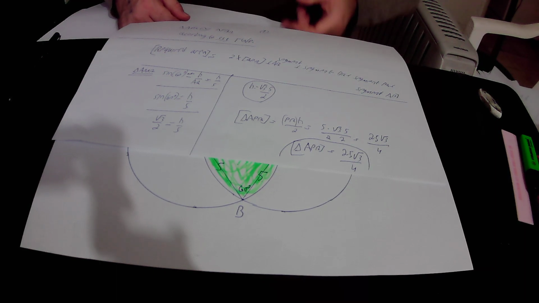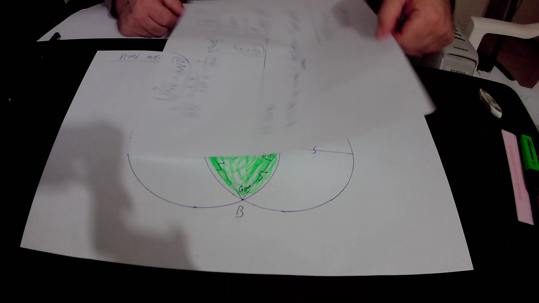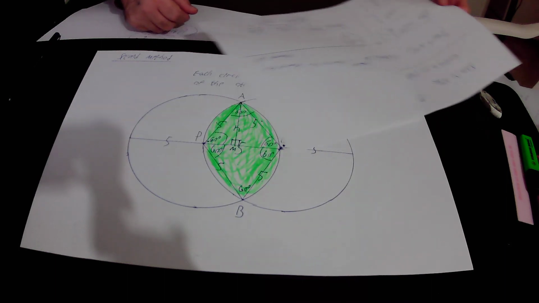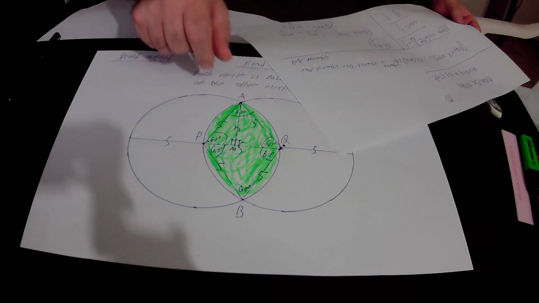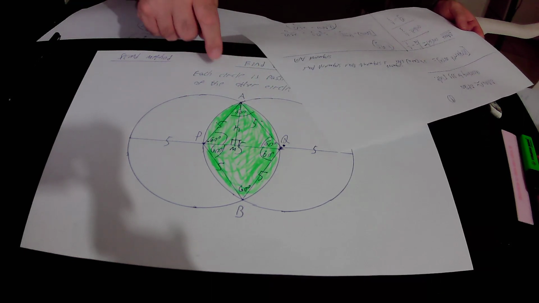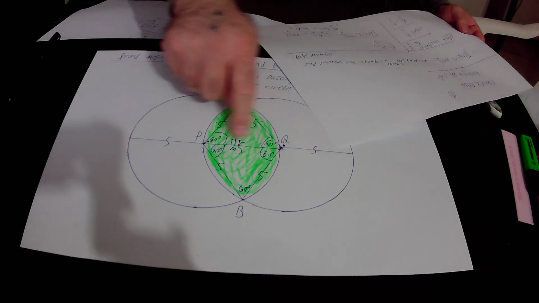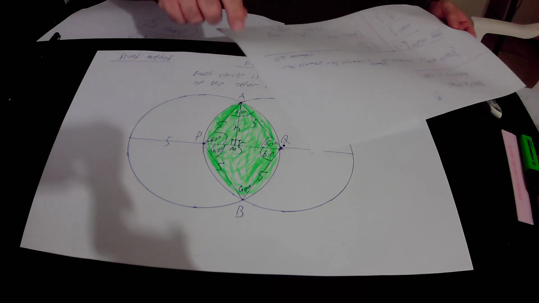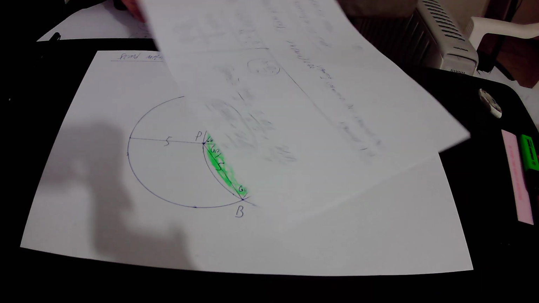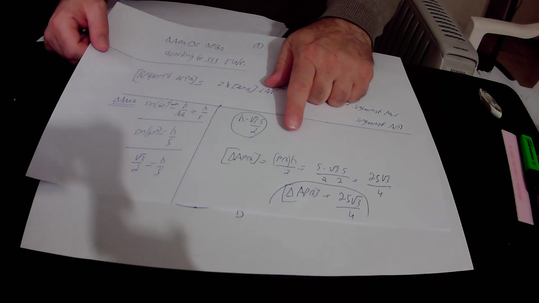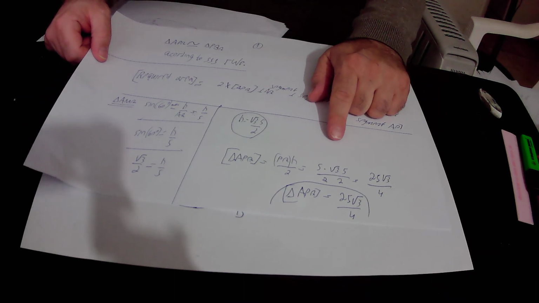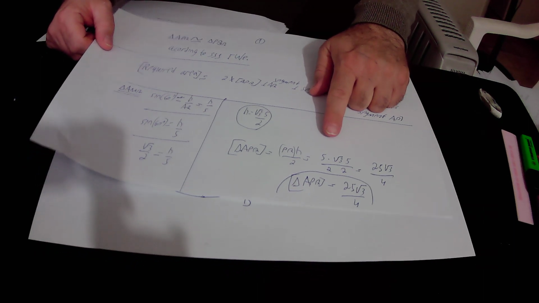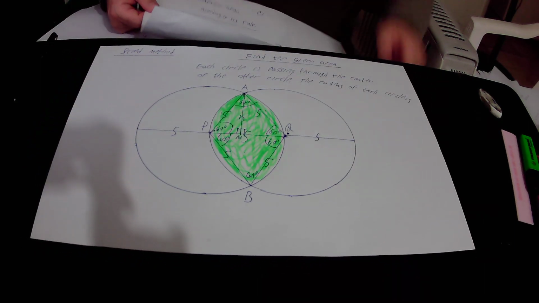And the area of the equilateral triangle APQ will be equal to the base of the triangle, that is PQ, times the height over 2. PQ equals 5 units, it is the radius.